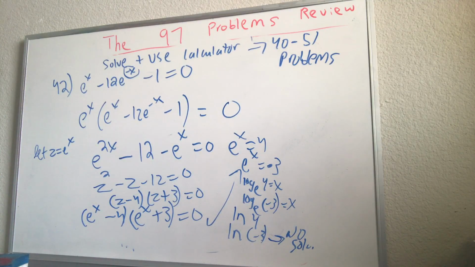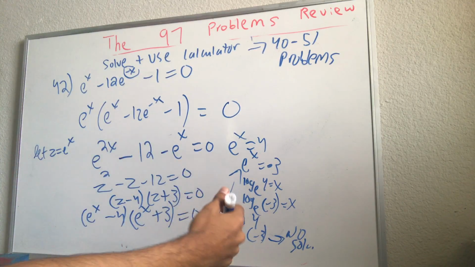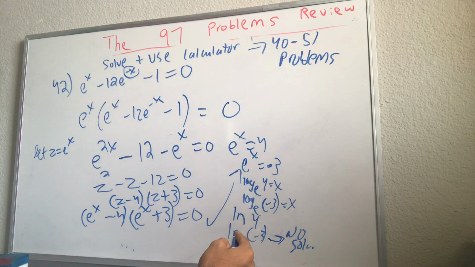E to the power of negative 1000 may bring you really close, really small. The value will just become closer and closer to 0, but it will never be negative. Therefore, it should make sense to you that ln of negative 3 has no solution, because e to the power of x giving you negative 3 is not possible.